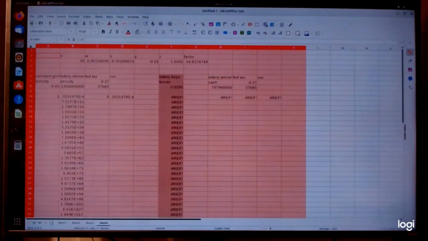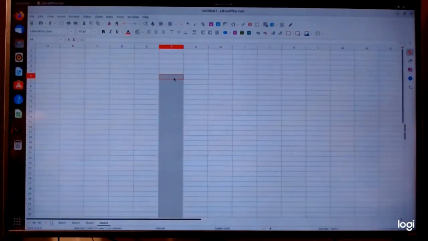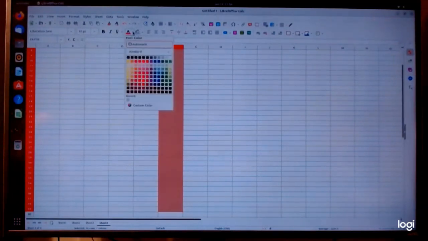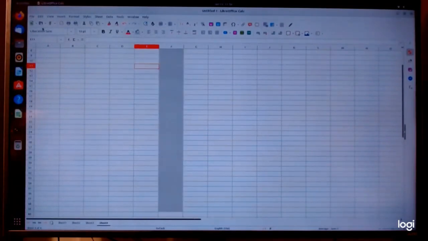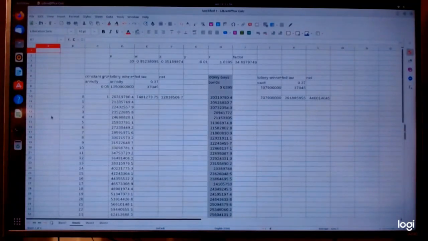Did I do that right? No, I still didn't do it right. Let me go back to sheet 1. Let me start at the top. That's what I did wrong.